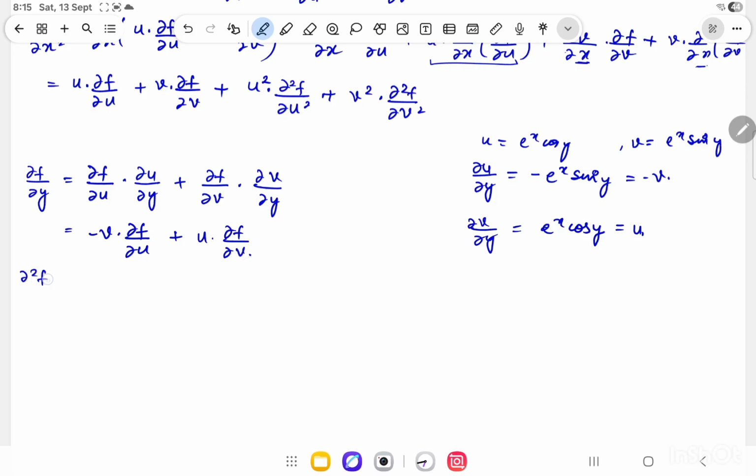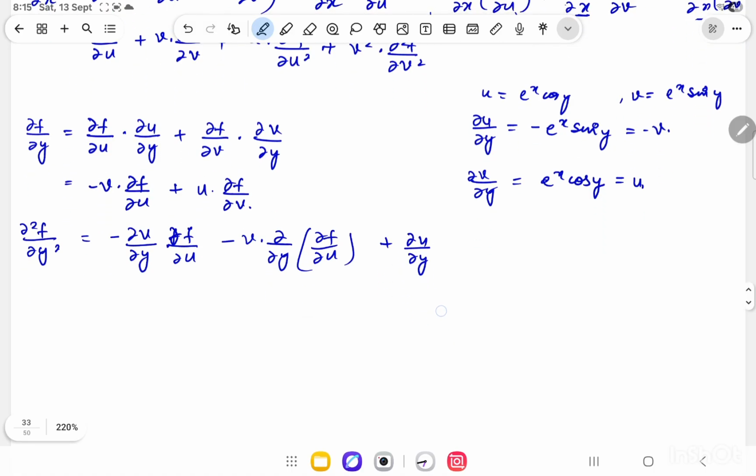So if I calculate del square f by del y square, that will be minus del v by del y into del f by del u, minus v into del by del y of del f by del u, plus del u by del y into del f by del v, plus u into del by del y into del f by del v.